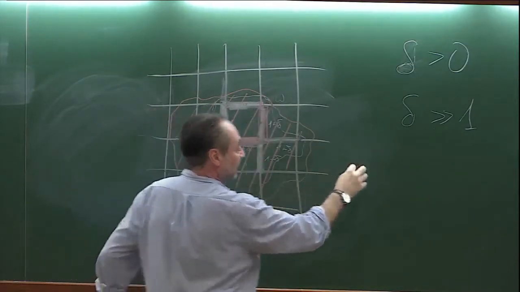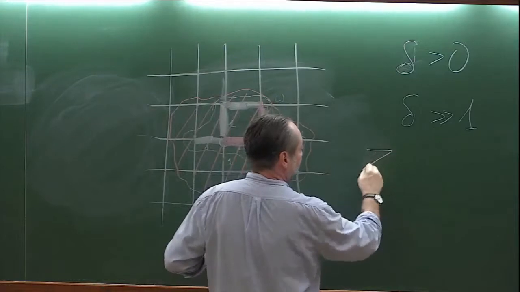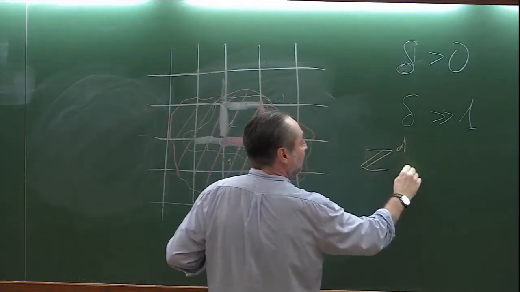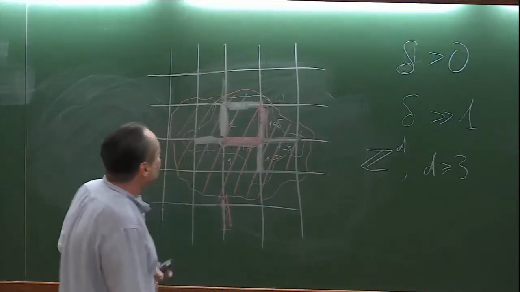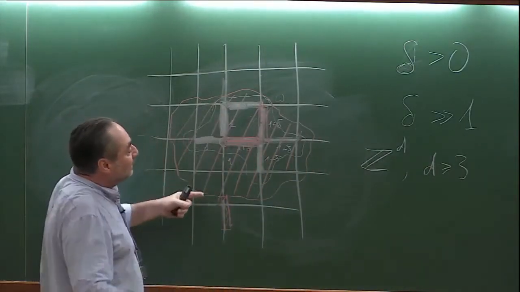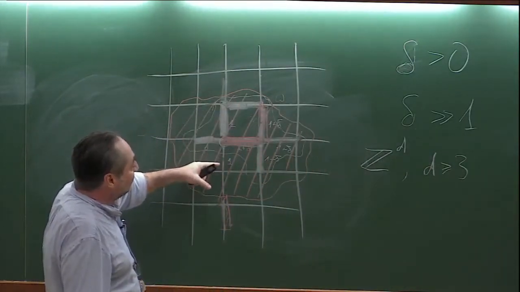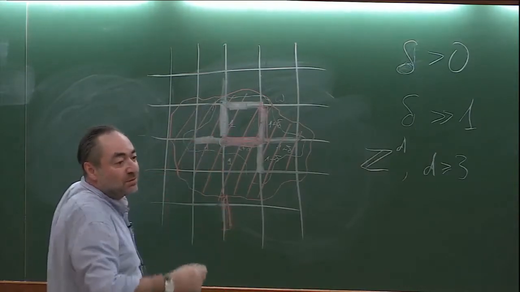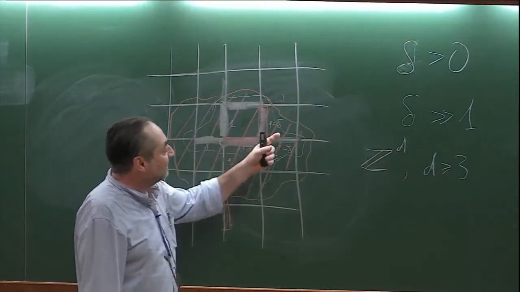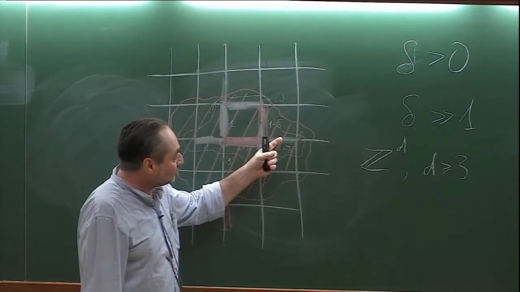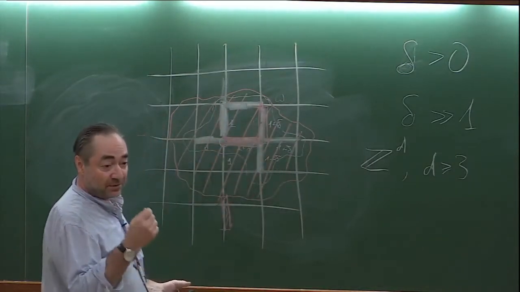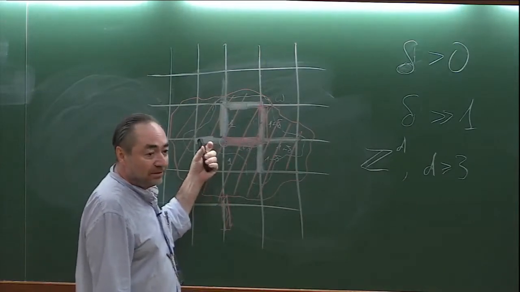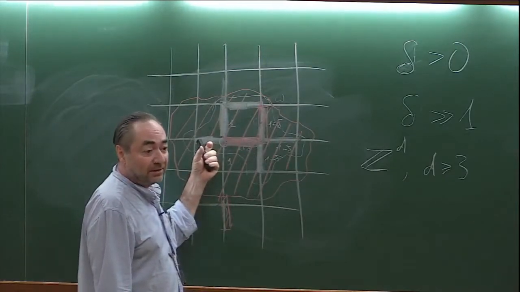And if you are now in dimension Z^d, d bigger or equal than 3, if you are random walkish in this dimension with small deltas, then it feels you should be transient. And if you are trapped by such a prison, here comes the question, should you be recurrent in any dimension?